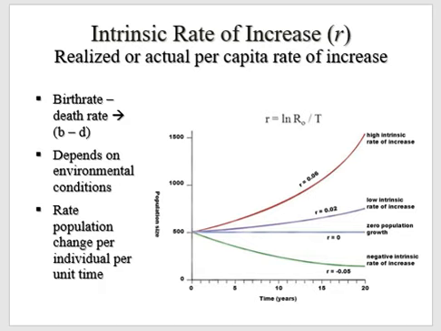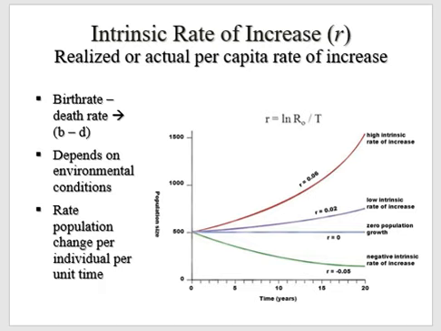So it's an instantaneous rate of change in population size at the level of each individual. Right? So this is looking at the rate of increase per individual, and it's always expressed in numbers per unit time per individual.